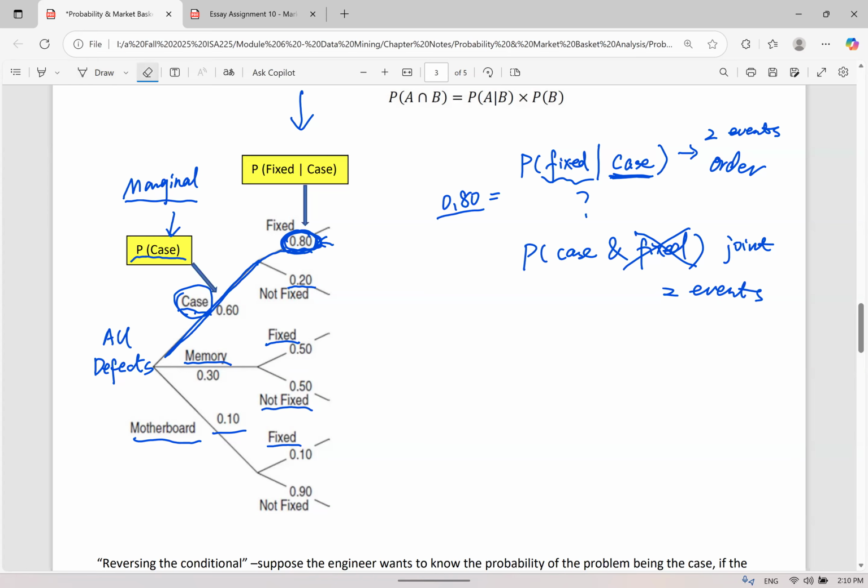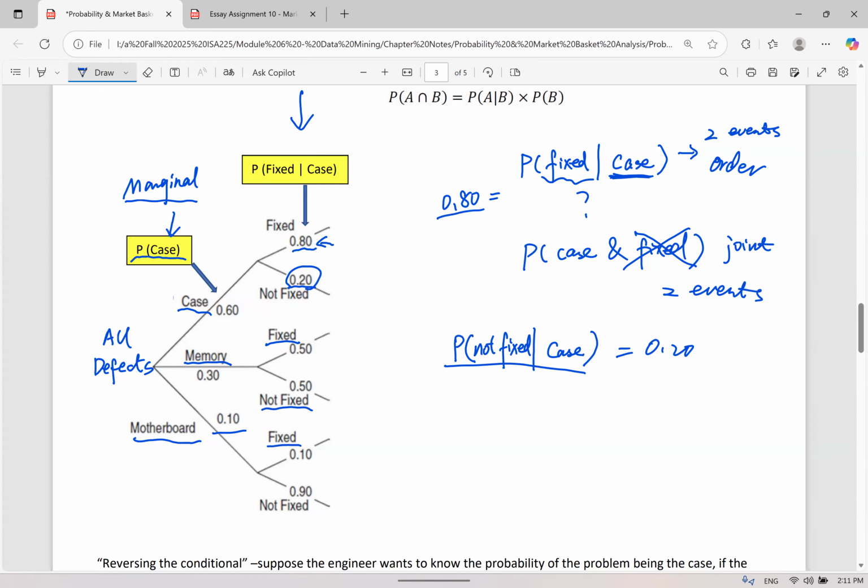All right, perfect. Now, what about this 0.20? How do we describe this probability? It is the probability that, given it is a case alignment problem, it is not fixed, which is 0.20.